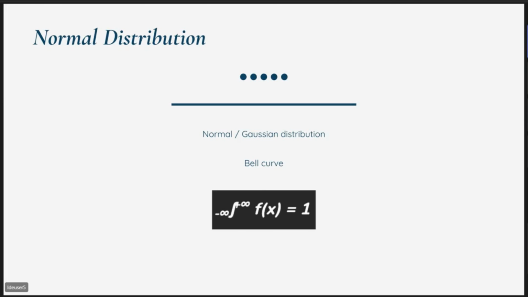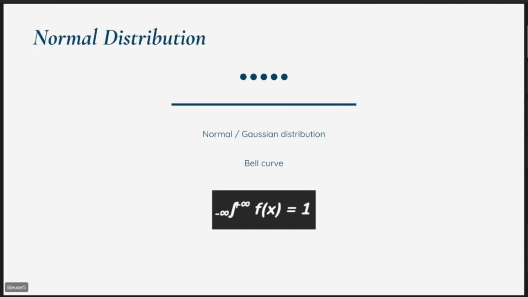Generally, most of the data that we work with falls under the normal distribution. Very rare or very specific cases do not fall under the Gaussian or the normal distribution, but otherwise it will typically fall under this category, right?